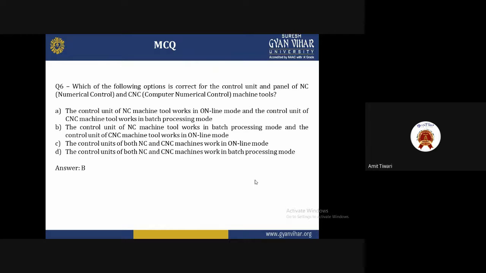The options are the control unit of NC machine tool works in online mode, and the control unit of NC machine tool works in batch production mode; the control unit of both NC and CNC machine works in online mode; and the control unit of both NC and CNC machine works in batch production processing mode. B is the correct answer for this.